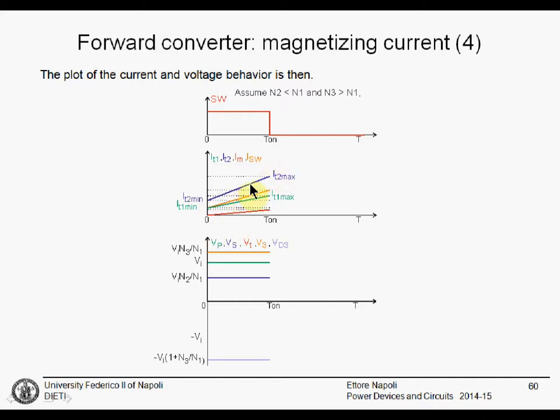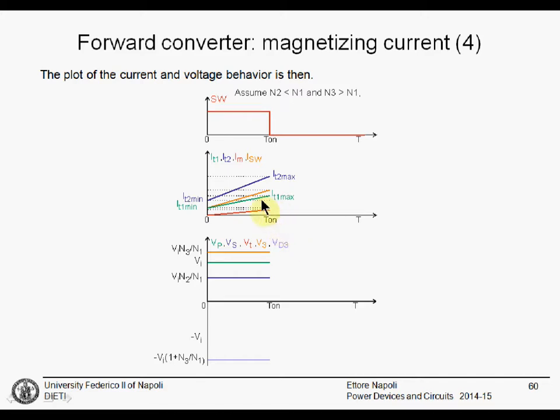We can then plot the currents like IT2 that increases linearly starting from a minimum. IT1 will be smaller than IT2. This is reasonable, since we imagine that the input voltage is larger than the output voltage, and assuming 100% efficiency or something like that, in order to provide the same power from a voltage supply that is larger than the output voltage, we need a smaller current.